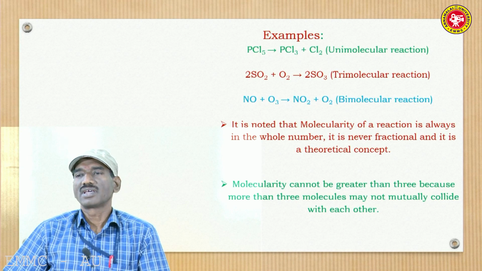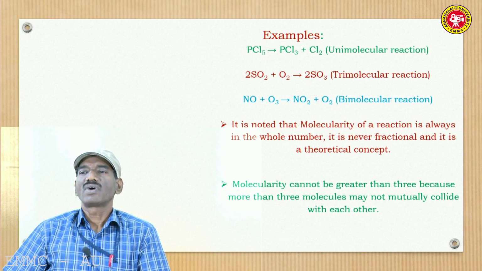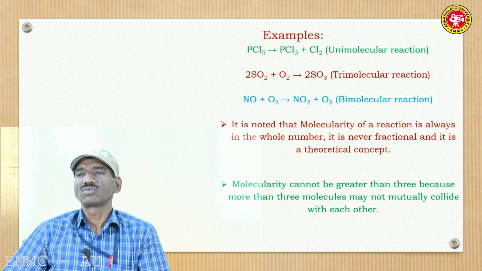Similarly, we may consider the formation of sulfur trioxide. 2 moles of sulfur dioxide with oxygen give rise to 2 moles of sulfur trioxide. This is a trimolecular reaction. Next, the formation of nitrogen dioxide: 1 mole of NO reacting with O3 gives rise to NO2 plus O2.